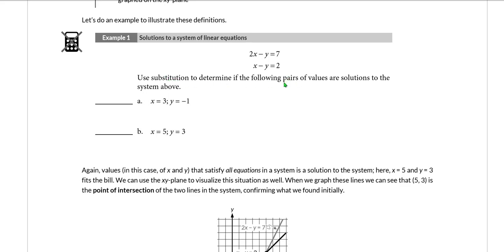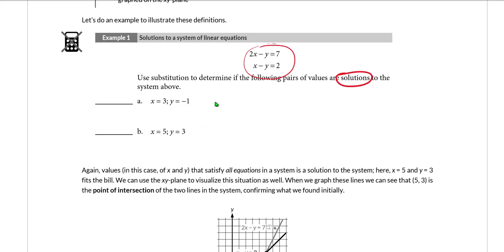The directions here say that we need to determine if the following pairs are solutions to this system. So in example 1a and example 1b, we are given a pair of values, one x value, one y value, and we need to determine if these values for x and y satisfy the two equations in this system. So again, pause the video, do this work on your own.